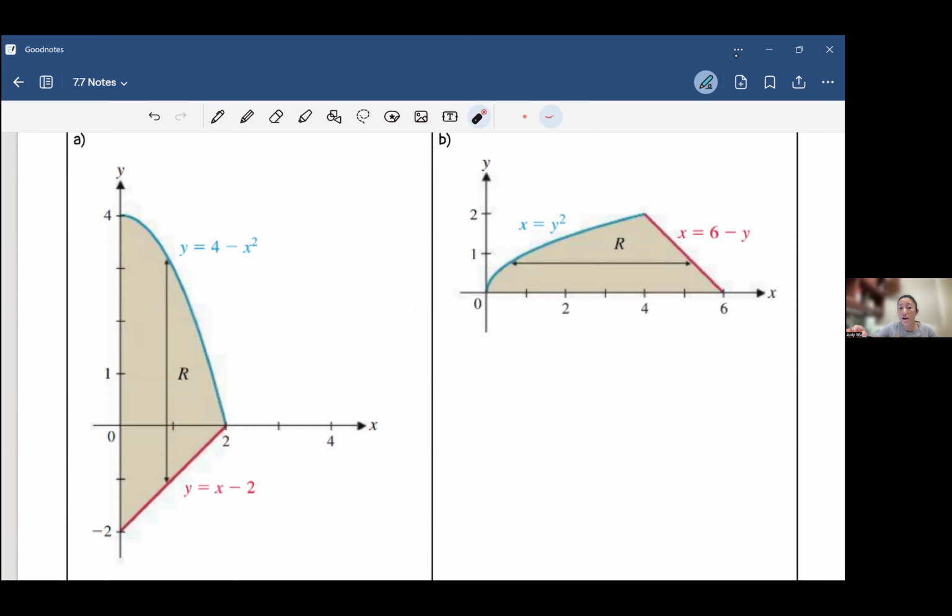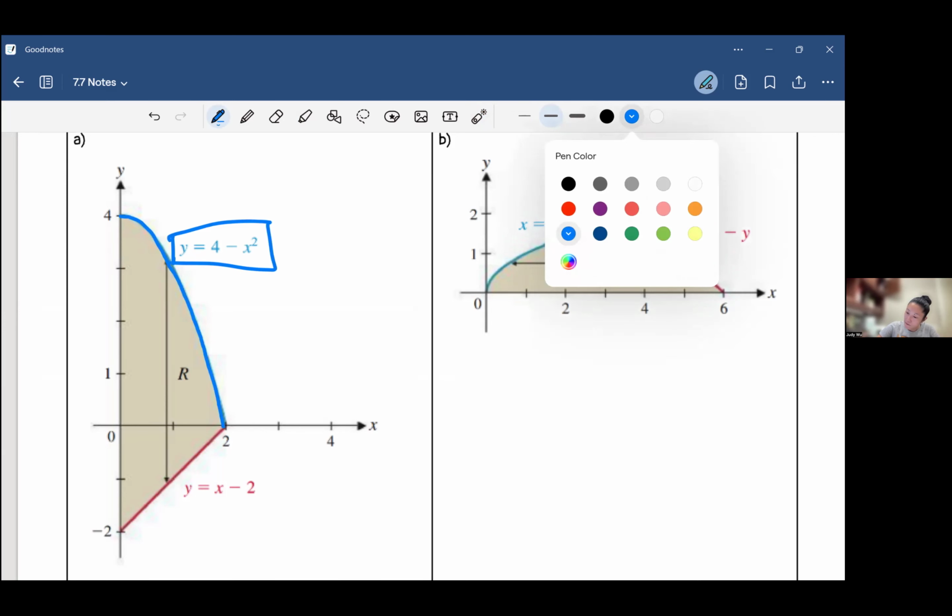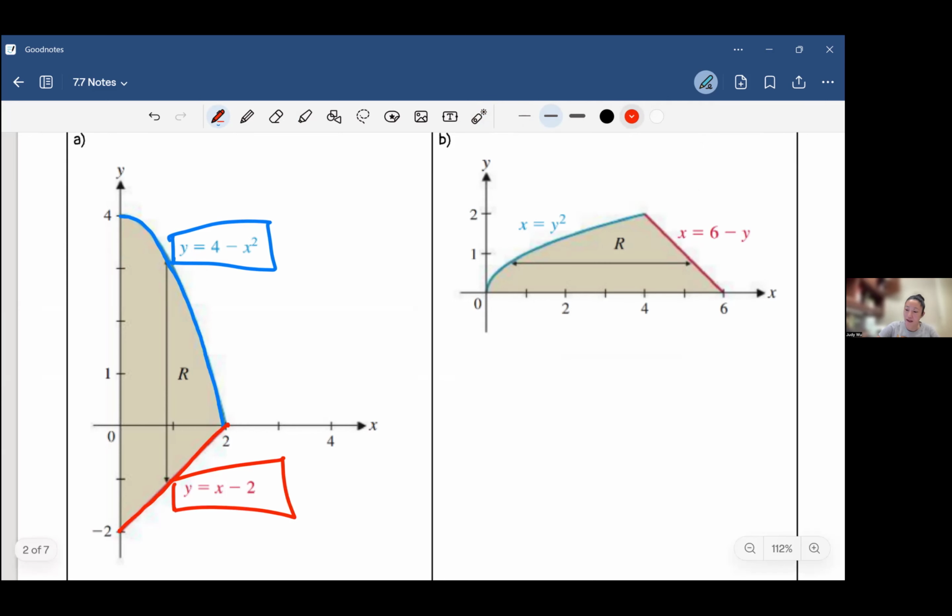And everywhere inside of this tan colored region, we have y equals 4 minus x squared on the top. And then on the bottom, we have y equals x minus 2. So we have a top function over here given by this, and a bottom function down here given by this.